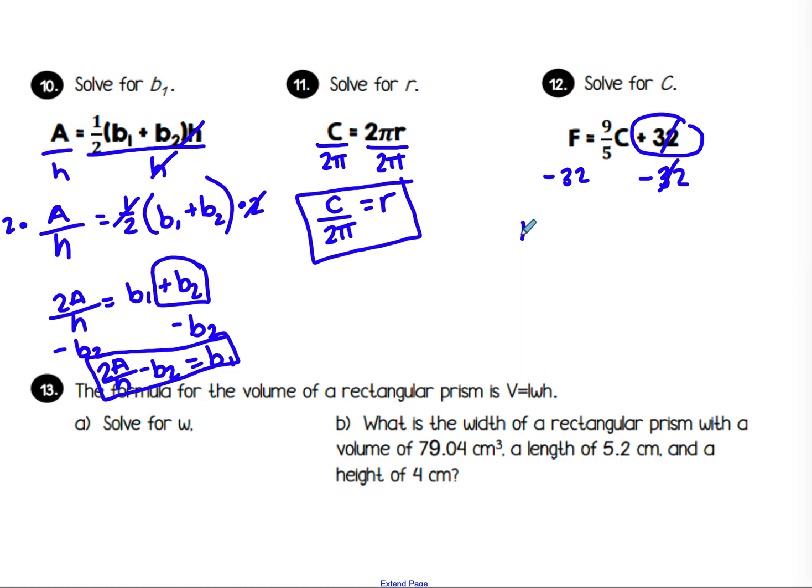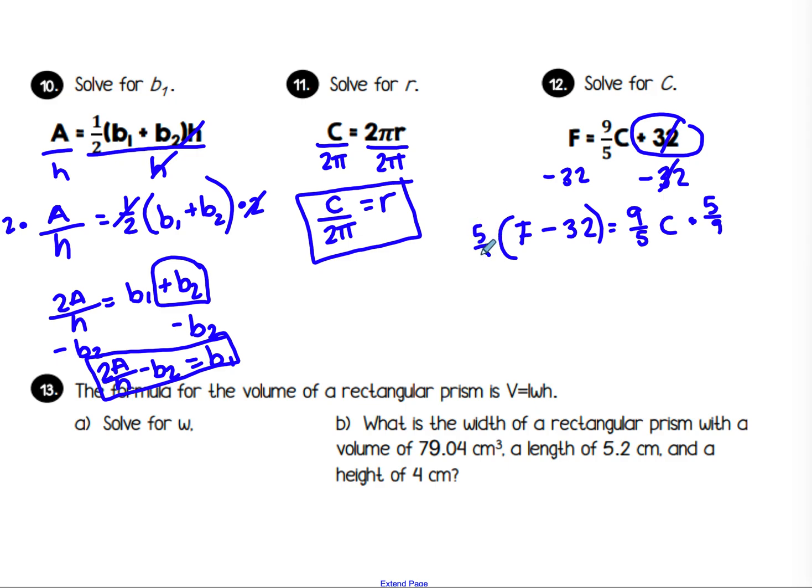I can't actually do f minus 32 because they are not like terms, so I just have to write it out. F minus 32 equals 9/5 c. Now we're going to multiply by the reciprocal of 9/5 to cancel it out. The reciprocal of 9/5 is 5/9. So I'm going to multiply by 5/9 here, and here I need to multiply by 5/9.